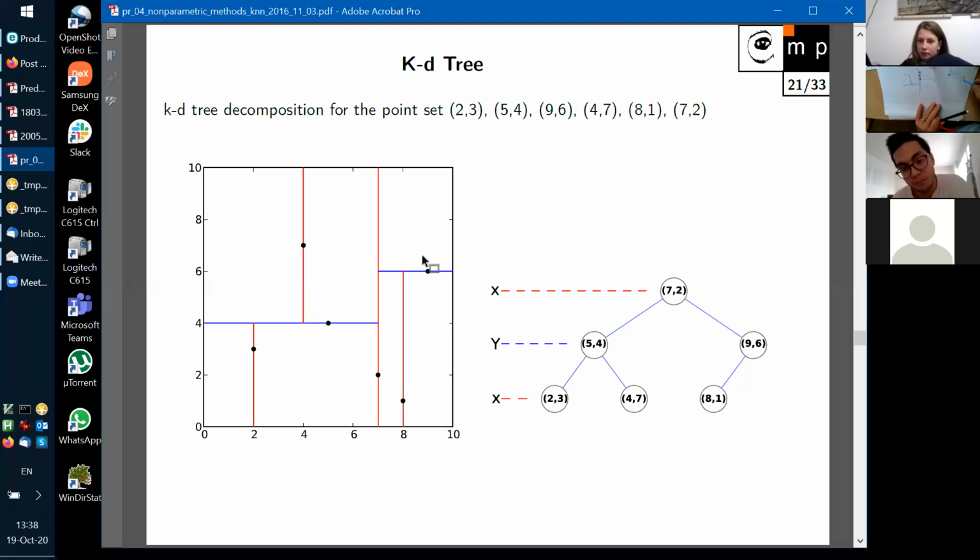Now we come to decision 2, which is done on the horizontal direction. This is the 2 here, and we are going up, and that's it. We reach the leaf. In the leaf, we see there's 1 point, and we are computing the first distance.